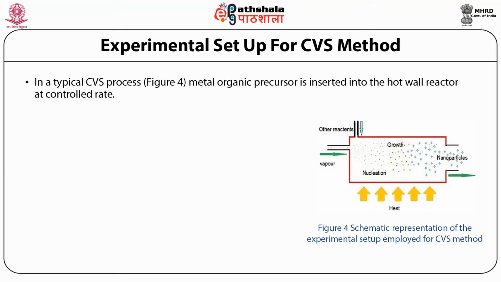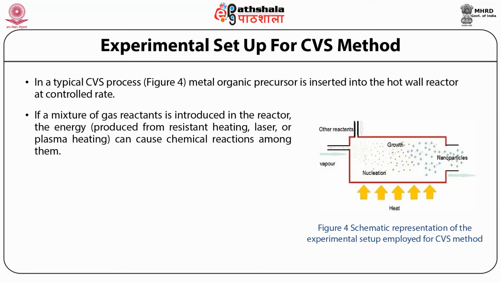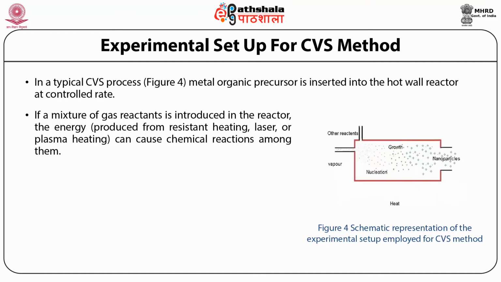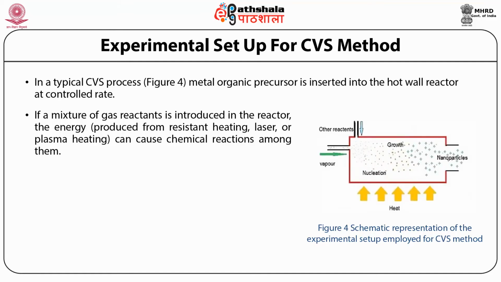For producing halide, nitride, carbide, or metal oxide nanoparticles, the reaction chamber is filled with the respective reactive gas precursors. If a mixture of gas reactants is introduced in the reactor, the energy produced from resistive heating, laser, or plasma heating can cause chemical reactions among them.